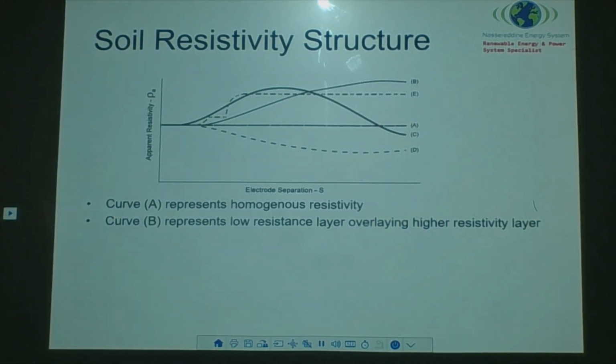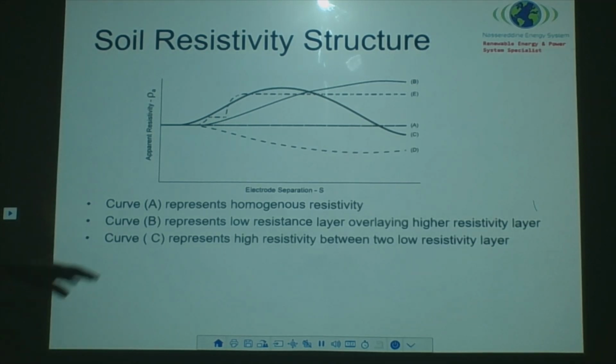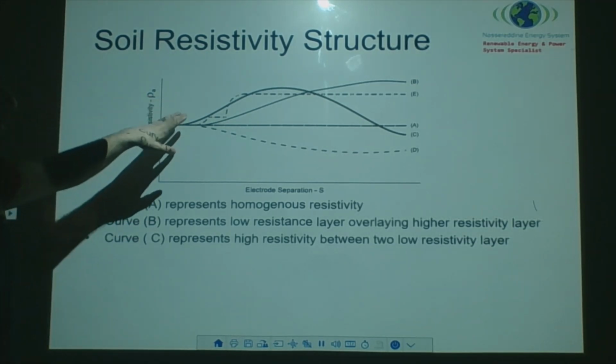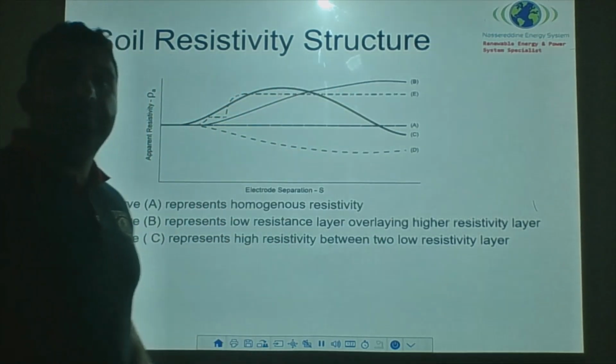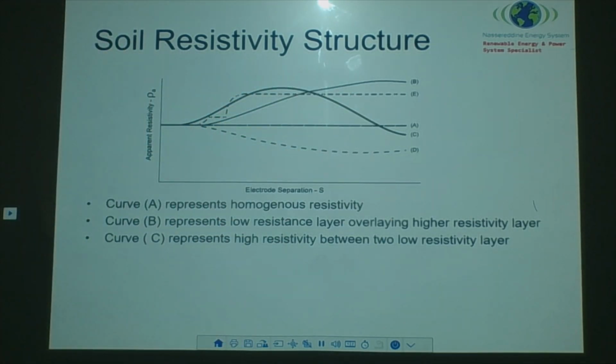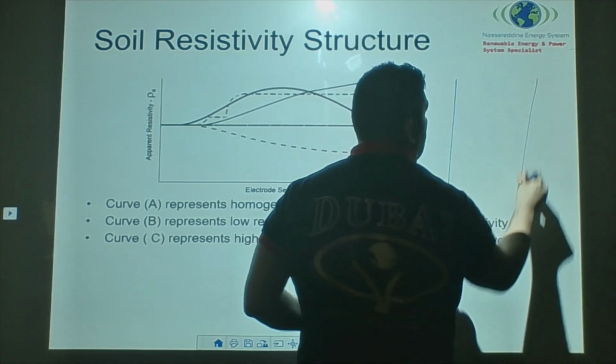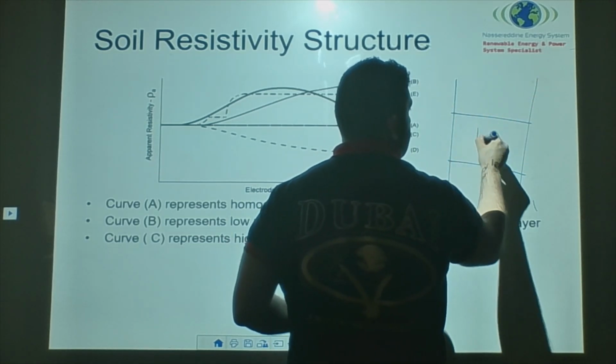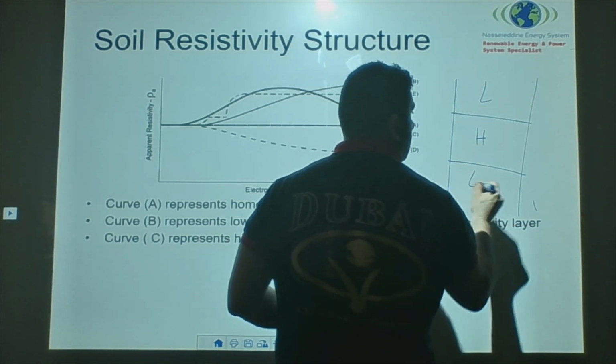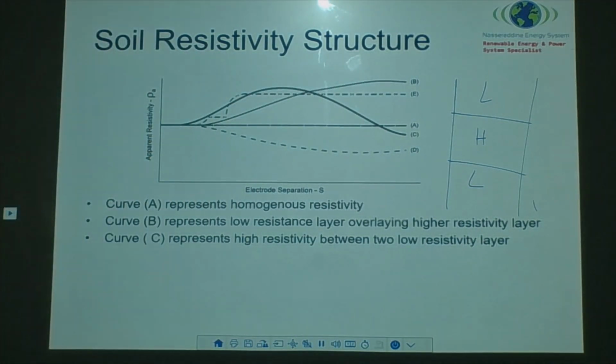Let's look at C. Guys, C shows me that it's 3 layers: low, high, and low. So if I look at it, I have 3 layers when it comes to soil structure.